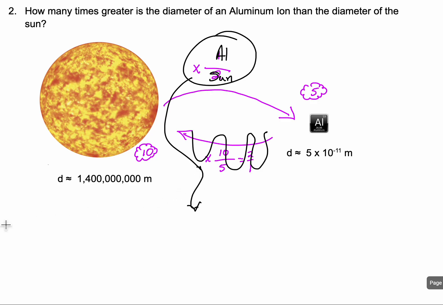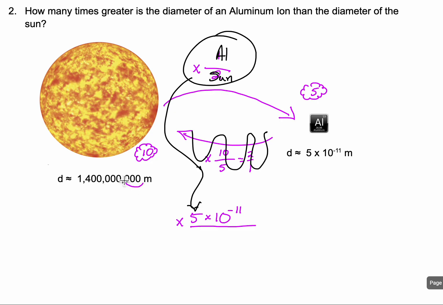All right, so times the aluminum, which is already in scientific notation. And then I've got my sun. Now that's not in scientific notation. So I'm going to move it into scientific notation.